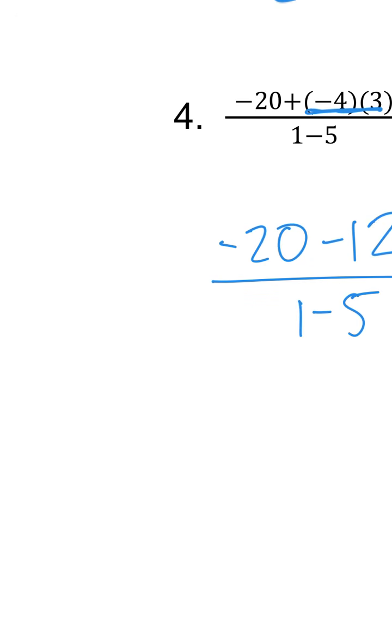Negative 20 and negative 12 gives us negative 32. 1 minus 5. What does 1 minus 5 give us? Negative 4. Now I have negative 32 divided by negative 4. That gives me what? A positive 8. So your answer here will be 8.